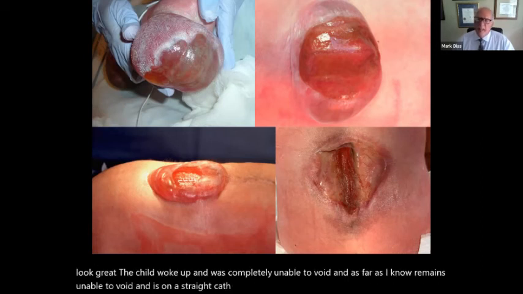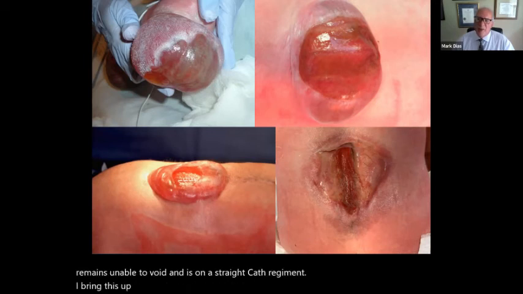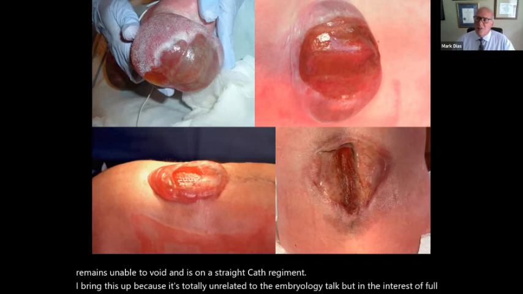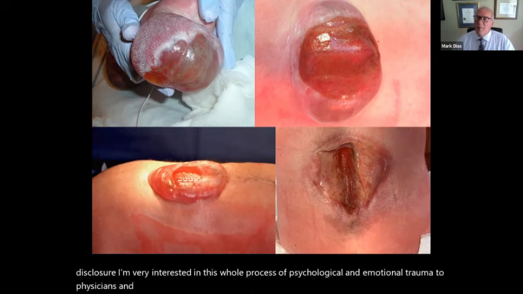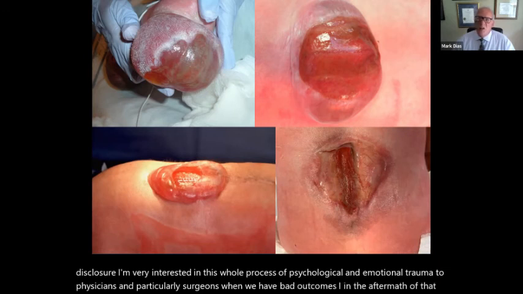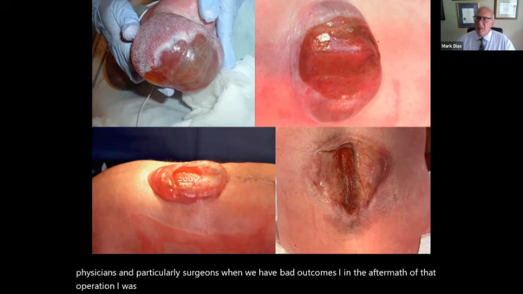I bring this up because it's totally unrelated to the embryology talk, but in the interest of full disclosure, I'm very interested in this whole process of psychological and emotional trauma to physicians, and particularly surgeons, when we have bad outcomes. In the aftermath of that operation, I was so upset that I eventually quit neurosurgery.